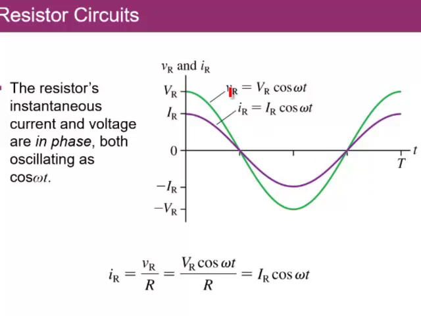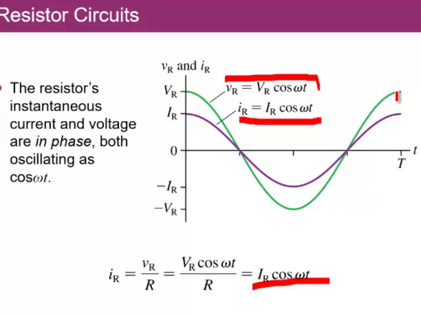Here we have the voltage across the resistor, so we know it's a cosine function, and the current across the resistor, which is voltage over resistance, that also is a cosine function. So the two functions behave together. That is, they get to zero together, they get to the minimum together, and again to the peaks together.